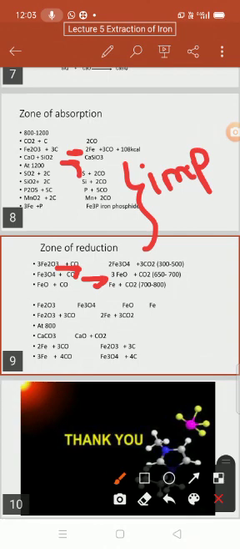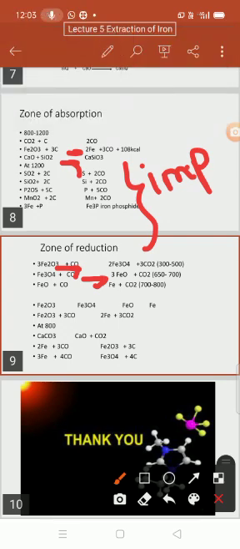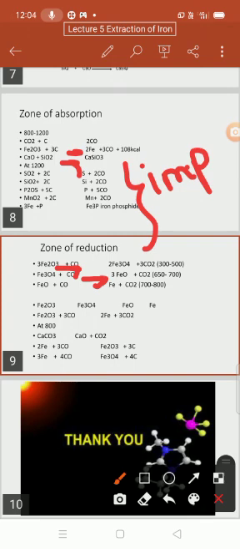SiO2 plus carbon gives Si, that is silicon, plus carbon monoxide gas. Then phosphorus pentoxide reacts with carbon, forming phosphorus, and carbon monoxide gas is also liberated.